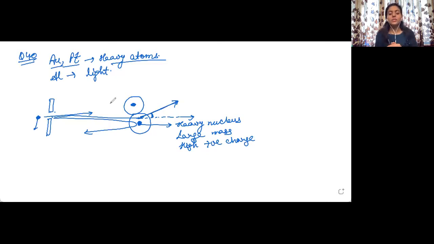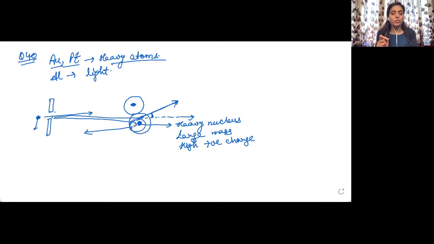Now what happens if we take the light particles? What will happen? Their nucleus is going to be light. The mass will be less and charge will be lesser. Now the number of alpha particles which will be showing this similar type of behavior, that is retracing of the path and deflection by small angles, will be very small.